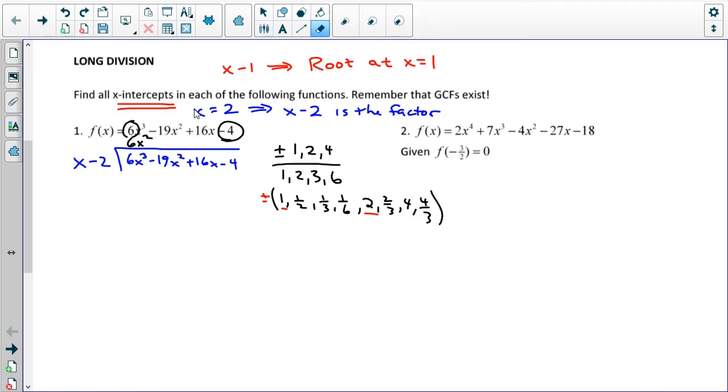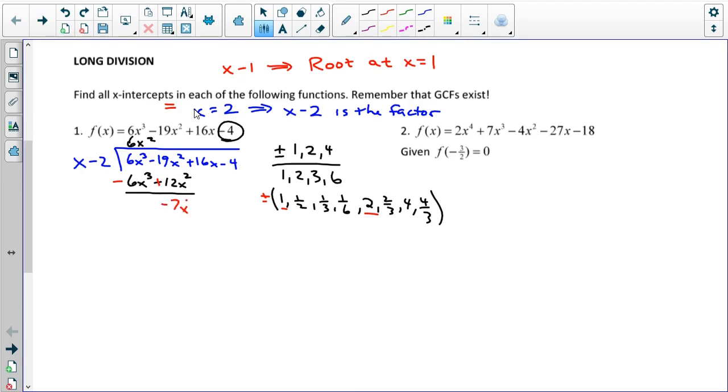I should probably get rid of the circle so then it's easier to see. So 6x squared. 6x squared times x is 6x cubed, and then 6x squared times negative 2 gives minus 12x squared. When I subtract these, I'm going to change the signs. Those go away. This becomes negative 7x squared, and I will pull down the 16x.